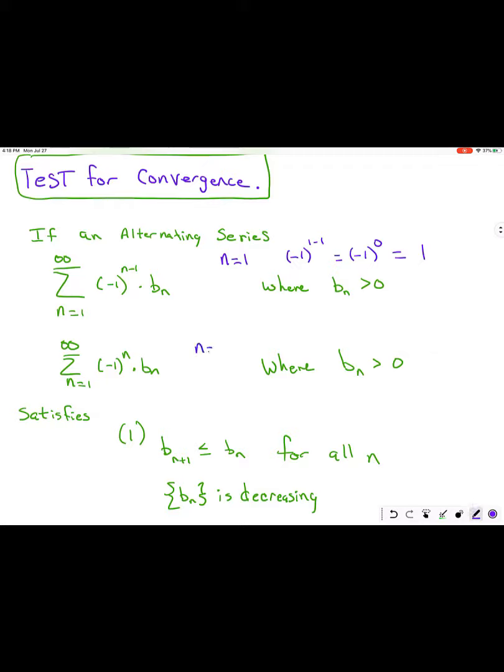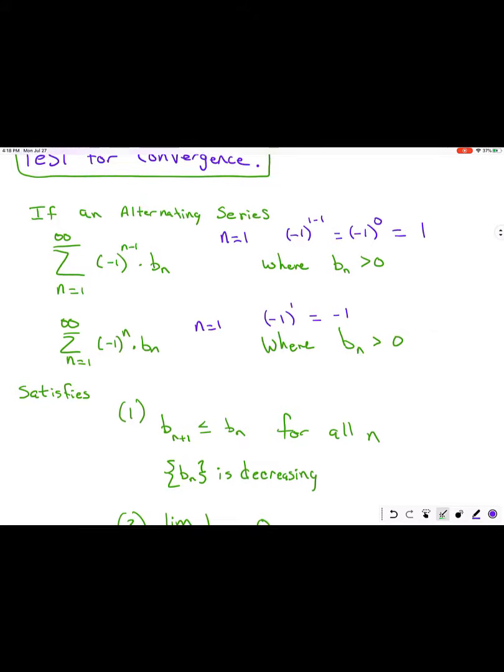In the other example, starting with n equals 1, we have minus 1 raised to the 1, which is minus 1. So when you have minus 1 raised to the n, you start with negative, then positive, then negative, then positive. Those are our two types of alternating series, starting with positive or starting with negative.